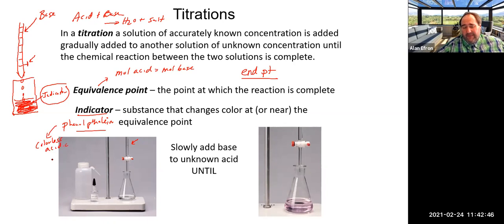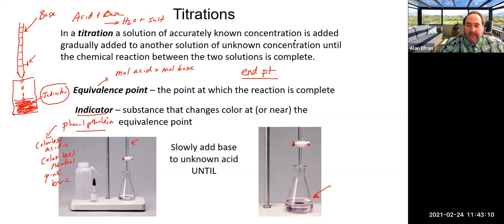It's actually colorless in neutral solutions. And it turns everybody's favorite color, which is pink, in basic solution. Hence over here, you can maybe see the tinge of pink in that flask when they reach the equivalence point.